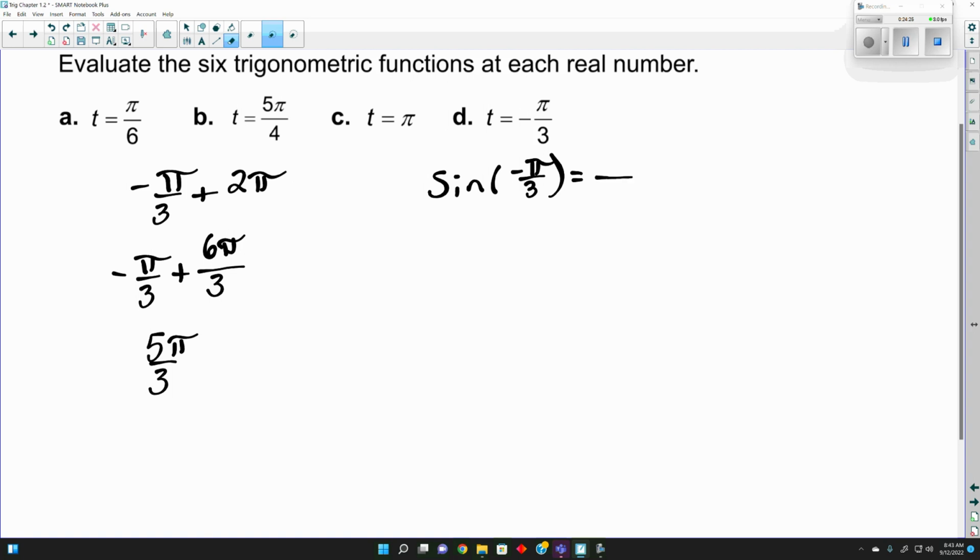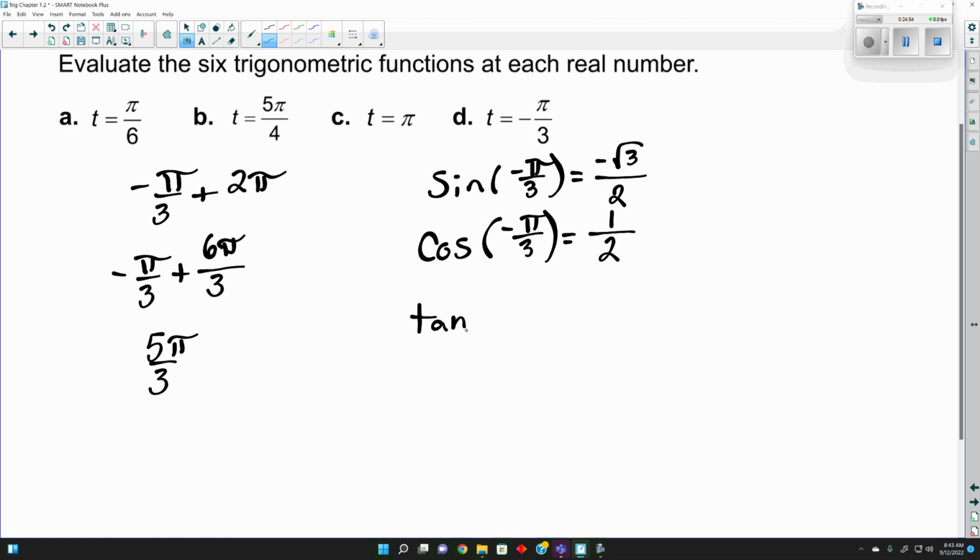Now, we can look at that quadrant, negative pi over 3, and sine, the y value is negative square root 3 over 2. Our cosine's value is 1/2. Tangent of negative pi over 3.